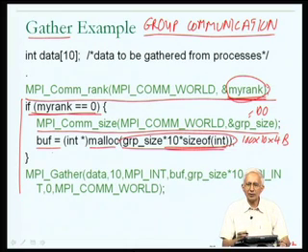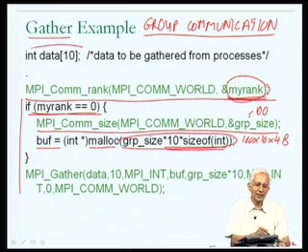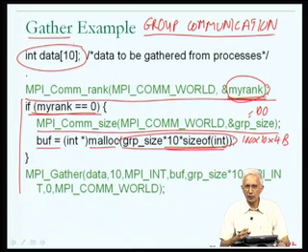You'll note that each of the processes in the communication is going to send 10 integers corresponding to the 10 elements of its variable data. Data is declared in each of the processes as an array of size 10. So that is 10 integers multiplied by the 100 processes who are going to be involved in the gather.